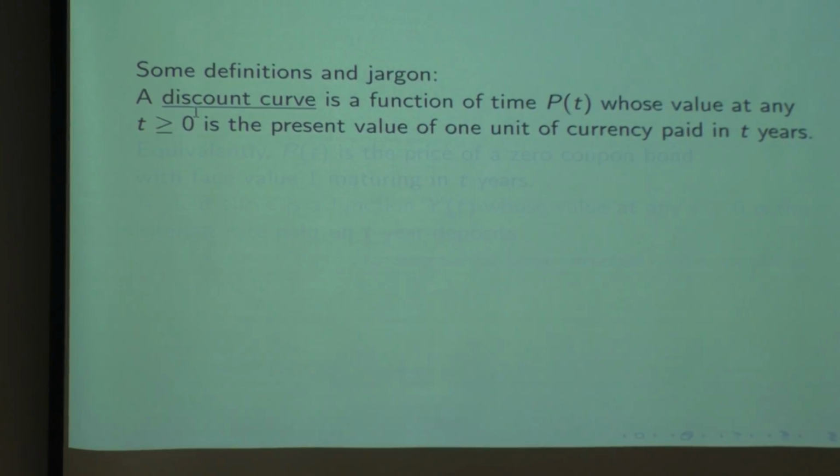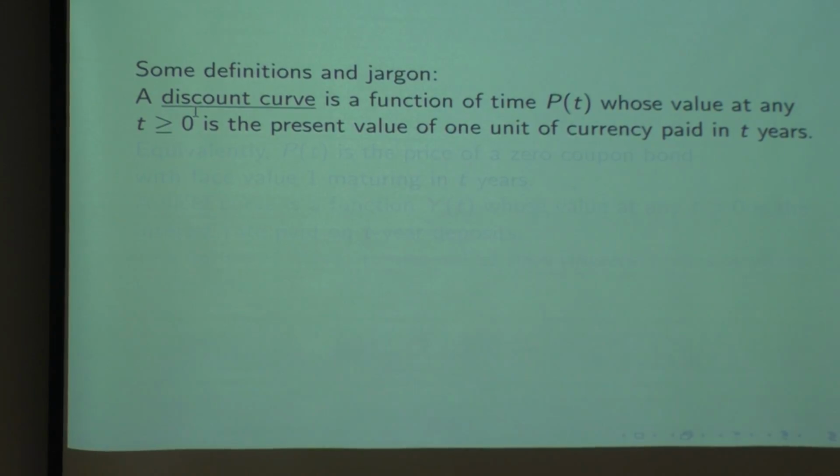The first way to think about this is that this is the price of a zero coupon bond with face value of £1 and maturity in t years. Another way of thinking about this is the present value of £1 paid in t years. This is what this bond is doing for you. So P of t gives you a way of converting money in the future to its value now.